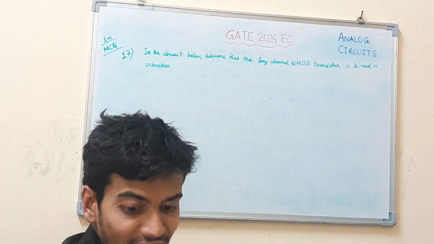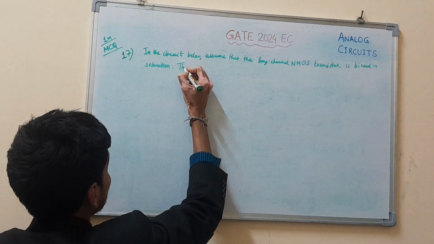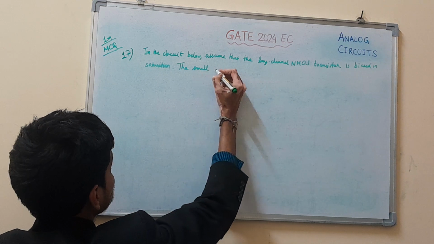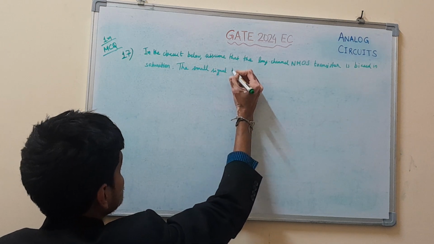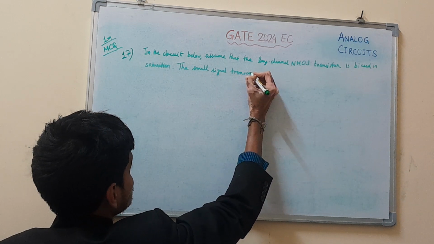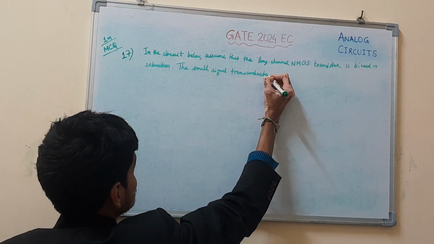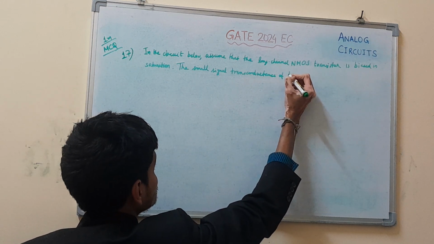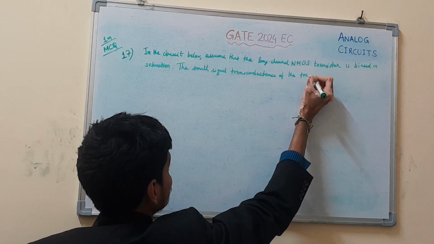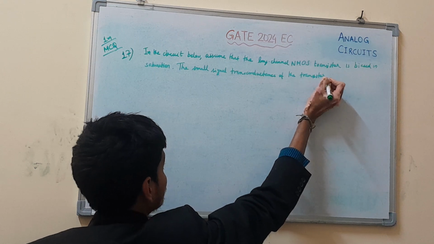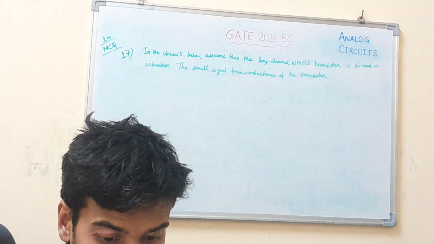The small signal transconductance of the transistor is GM.